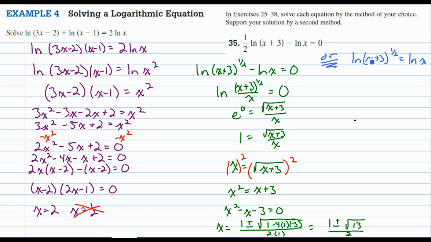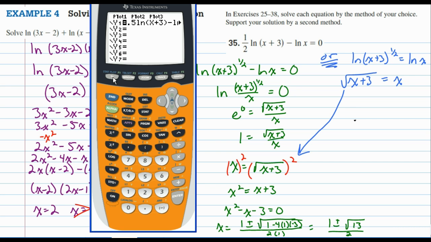Well, now I have the natural log of everything on both sides of the equal sign, so what I'm taking the log of on both sides is equal to each other. So I have x plus 3 to the 1/2, which is really the square root of x plus 3, equals x. So here I am down at that step right here. I actually saved myself some work. Either one is going to lead you to the correct answer. It's just a matter of whether you can predict up front which one is going to be more work or less work.